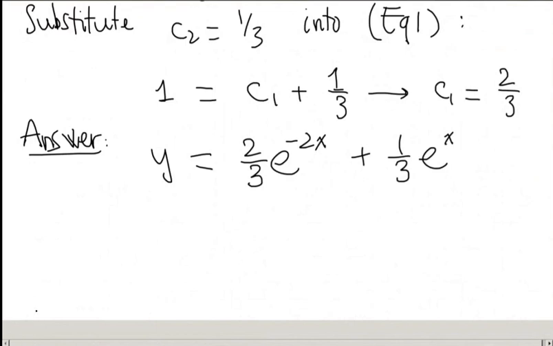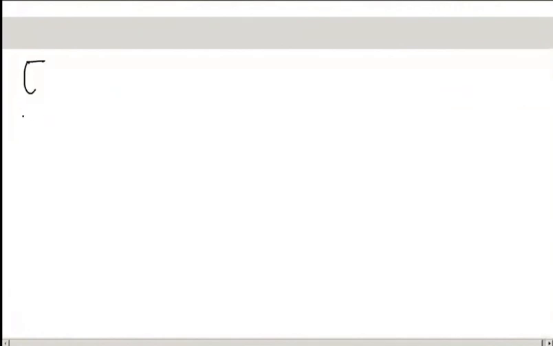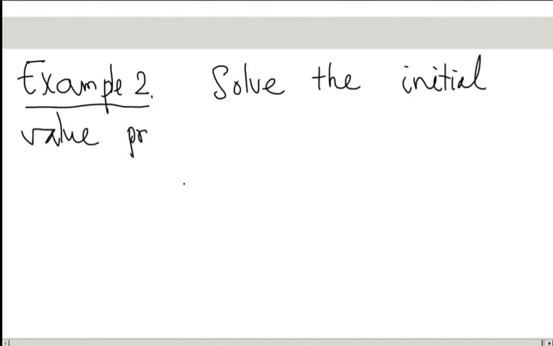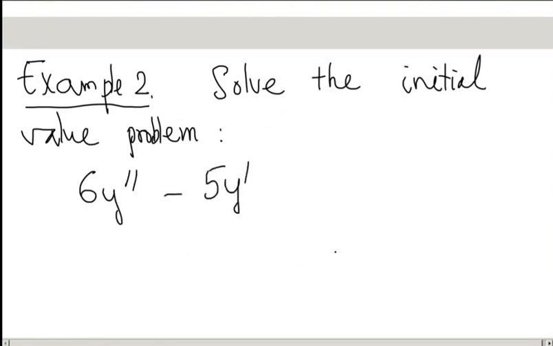All right, let's look at another example. In this example, we will solve the initial value problem, meaning that we have both the ODE, 6y double prime minus 5y prime plus y equals 0.